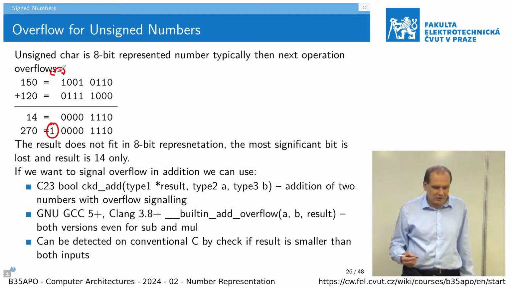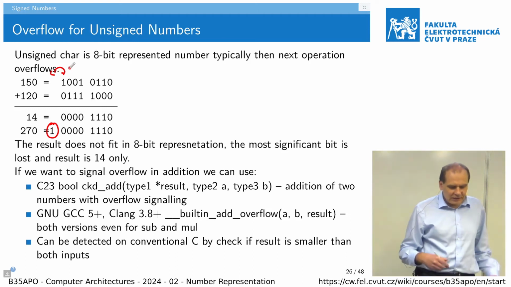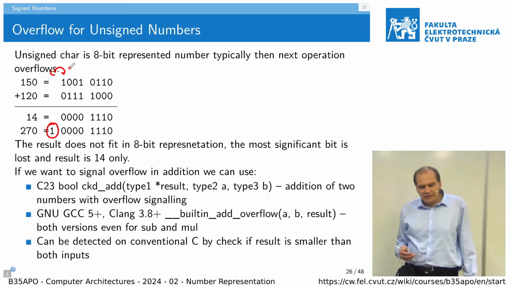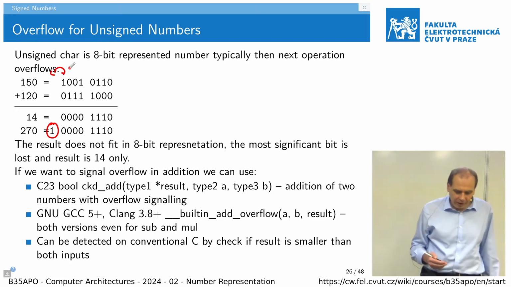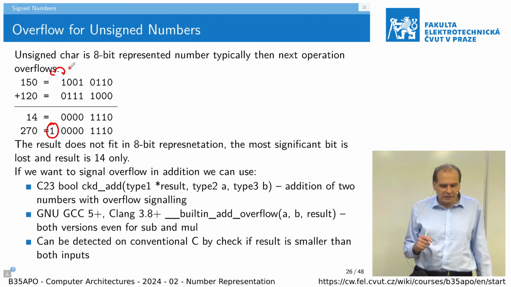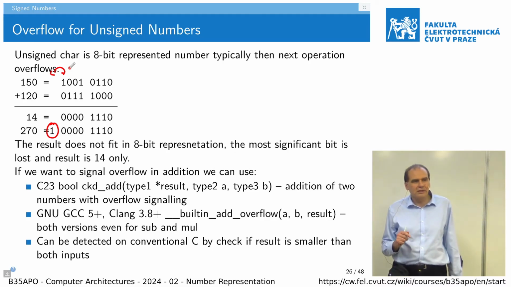So it is easy: if we detect that there is a carry in the addition of those numbers, then we can signal a problem. There is a problem how to represent such addition with a check for overflow in C.